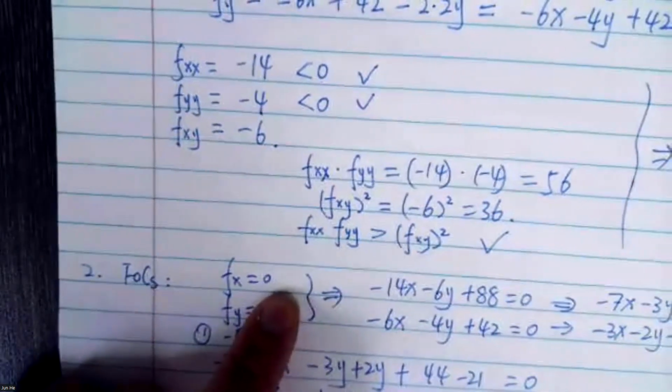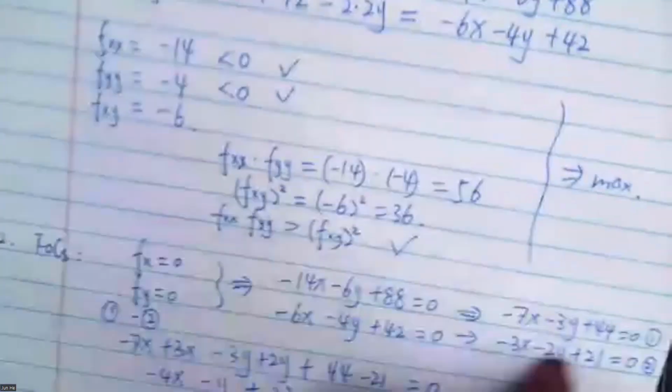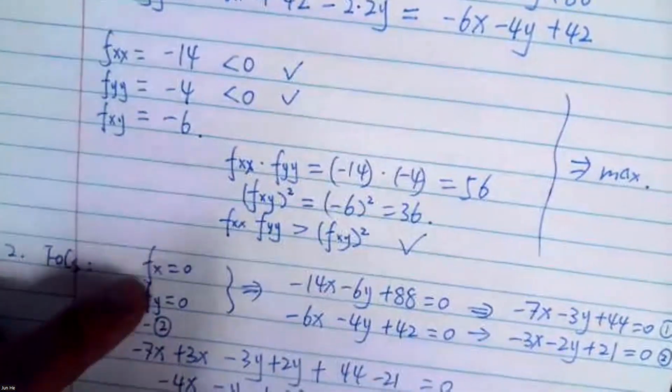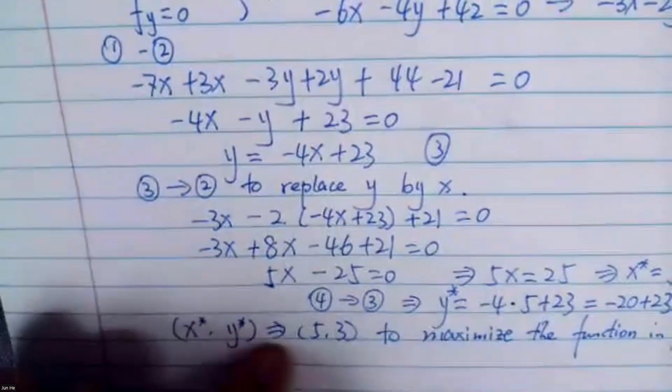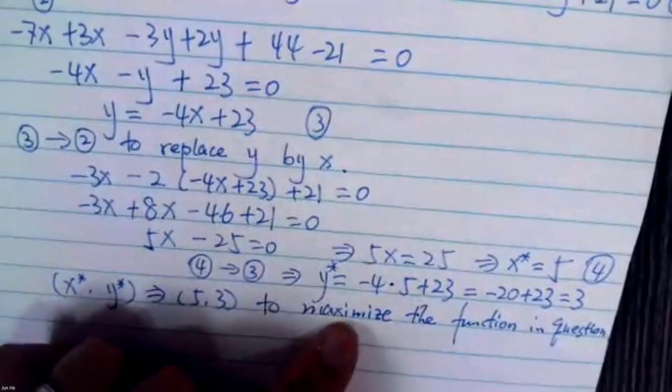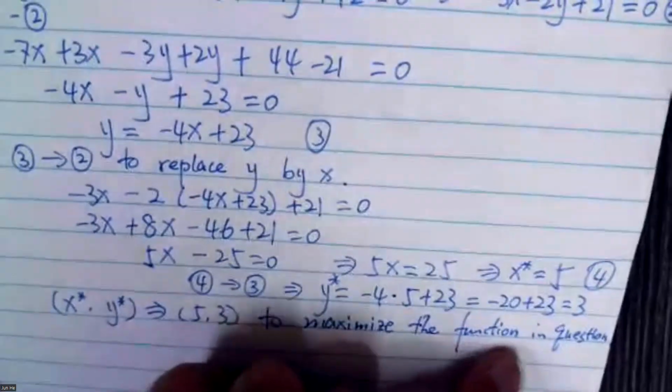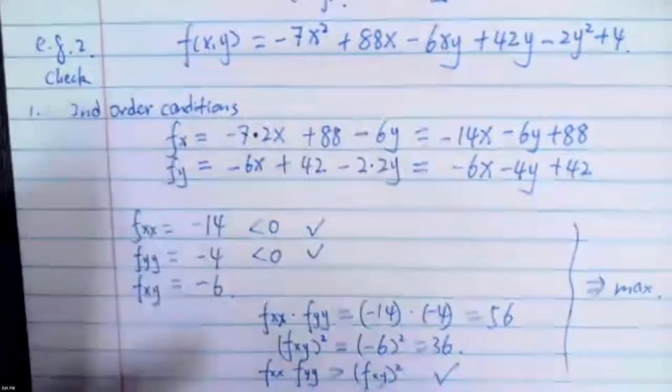So we have 2 independent variables, we have 2 first order conditions, and we have 2 equations to solve for 2 unknowns, which are the 2 independent variables, that we have to find to maximize or minimize the function in question, depending on what you found with your second order conditions.